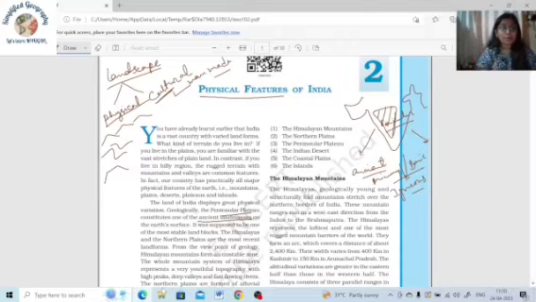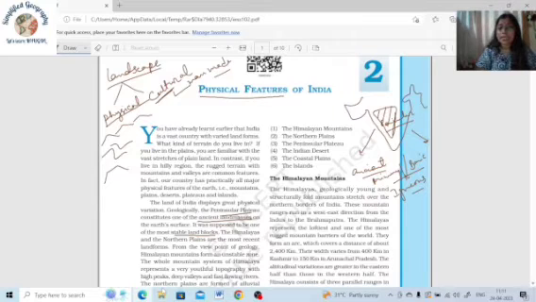It is the primary rock from which all the rest of the types of rocks have emerged. So the Peninsular Plateau is mostly formed by igneous rock, right? So it was supposed to be one of the most stable land blocks, because it is made out of igneous rock.